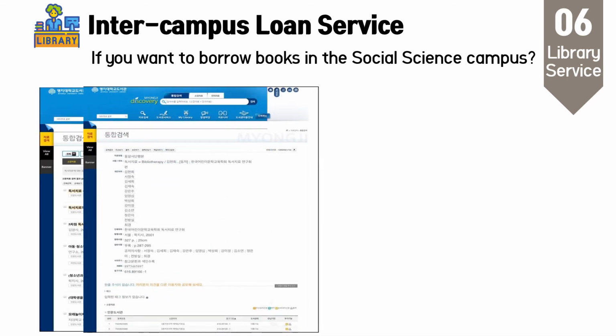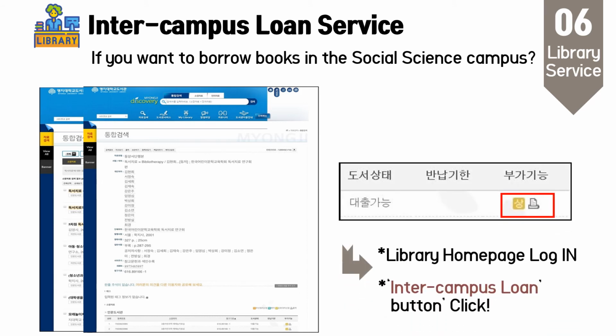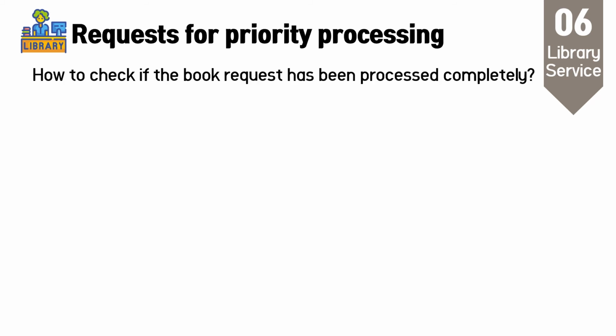You can also reserve items that belong to the social science campus. Log in to the library website. Click on the Intercampus Loan button, yellow, which appears when you click on the item you are looking to borrow. When the intercampus loan becomes available, you will receive a text message, and the item is kept at the desk for 3 days.